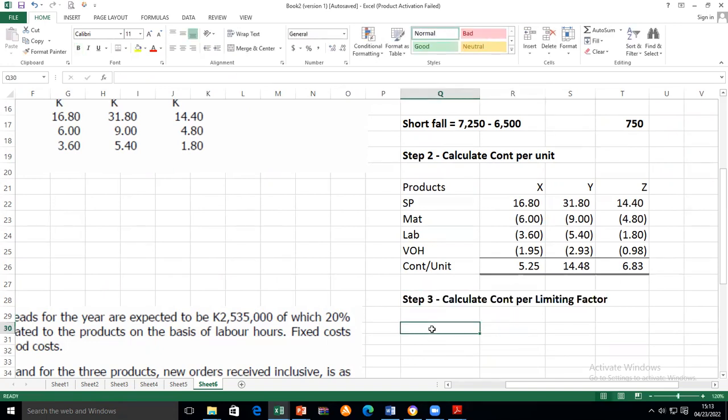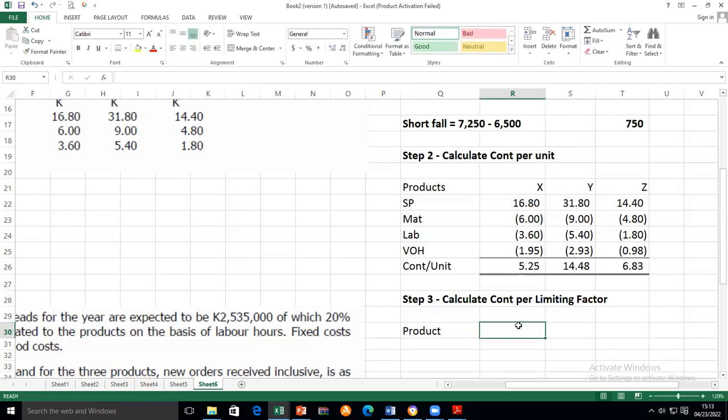Contribution per limiting factor. So you go product X, Y, and Z. The contribution is here.